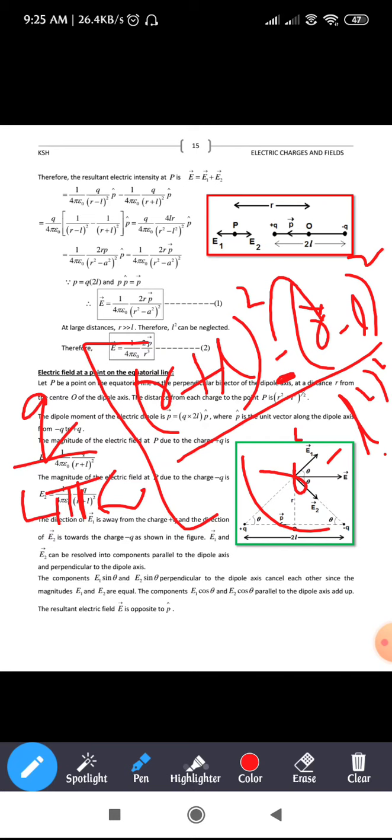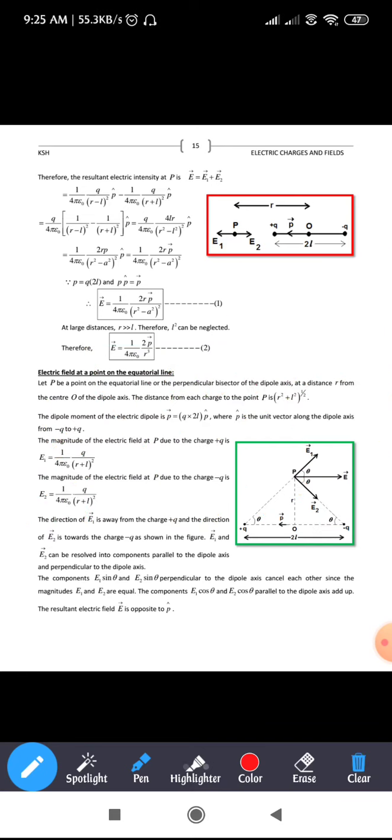The minus r square and plus r square get cancelled, and plus l square and minus l square get cancelled. Only the left out thing is 2rl and 2rl. So hence when you add it, you are going to get, see here, this step: q divided by 4 pi epsilon naught into 4rl divided by r square minus l square whole square into p cap.